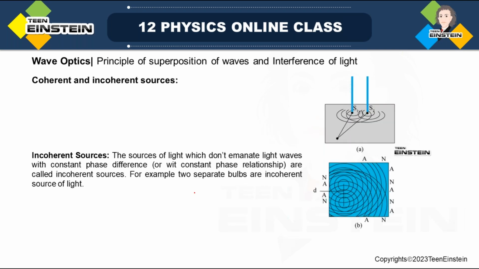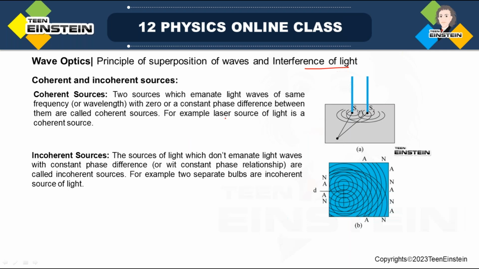Now here we are going to discuss interference of light. For the interference of light, we need to know what is called superposition of waves, because interference is some special kind of superposition. Interference of light is a special kind of superposition of light waves. I'll tell you what that speciality is.